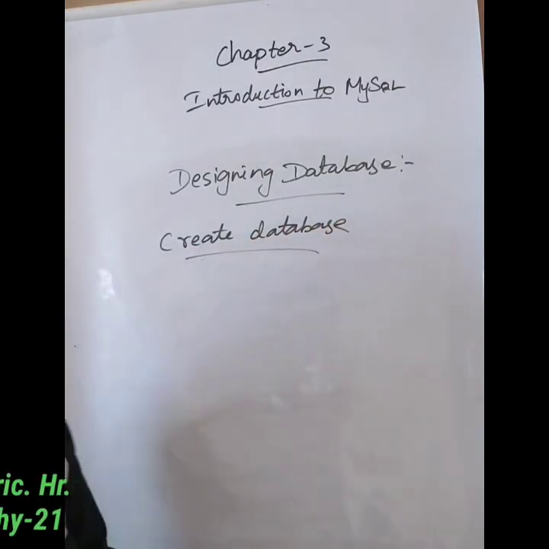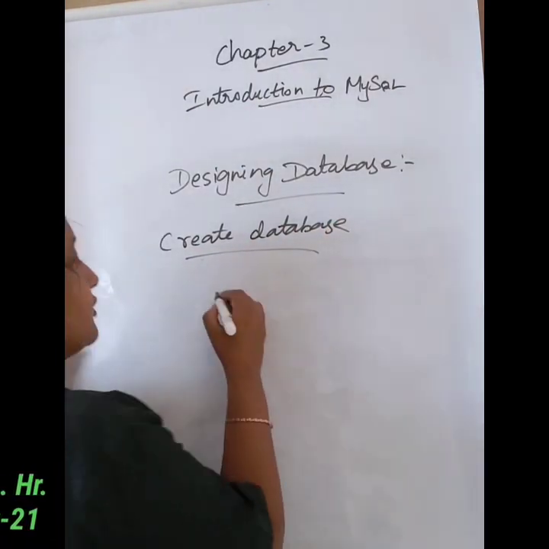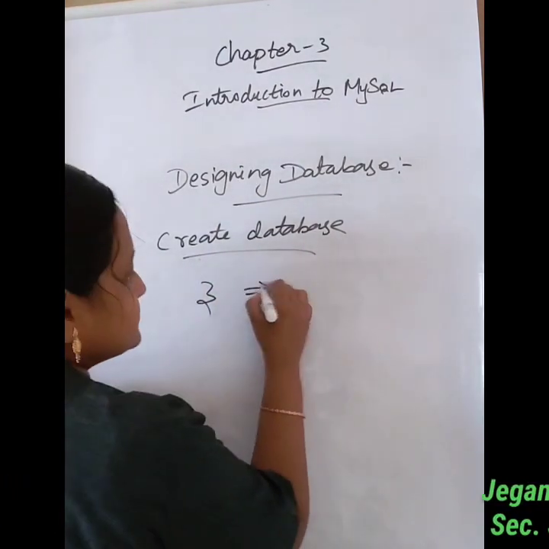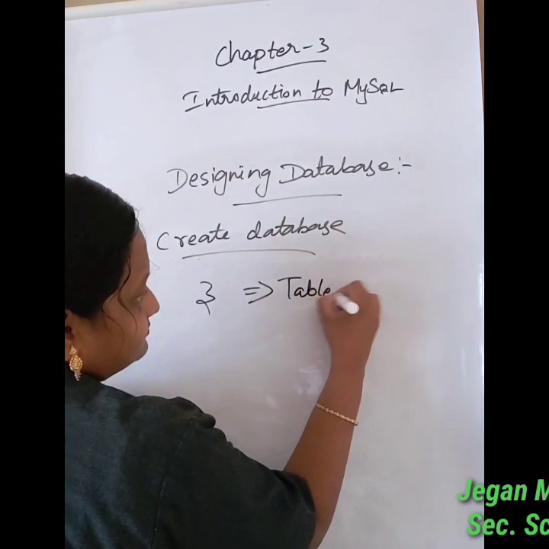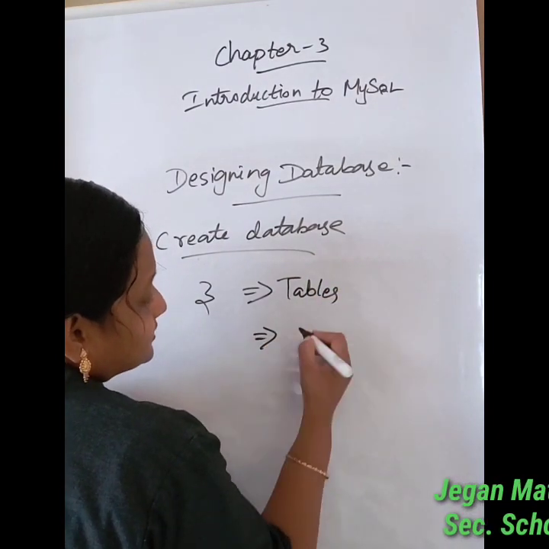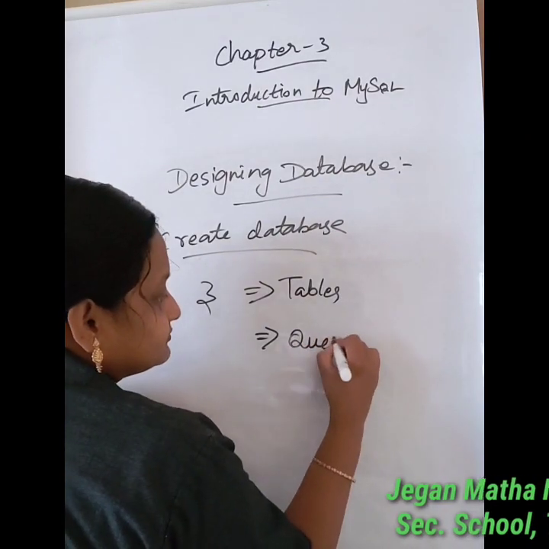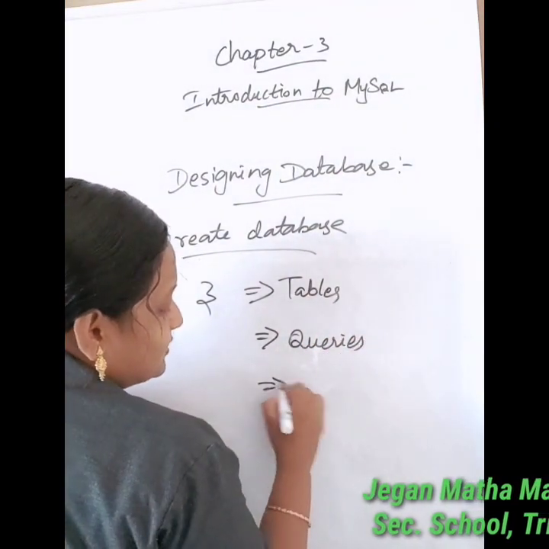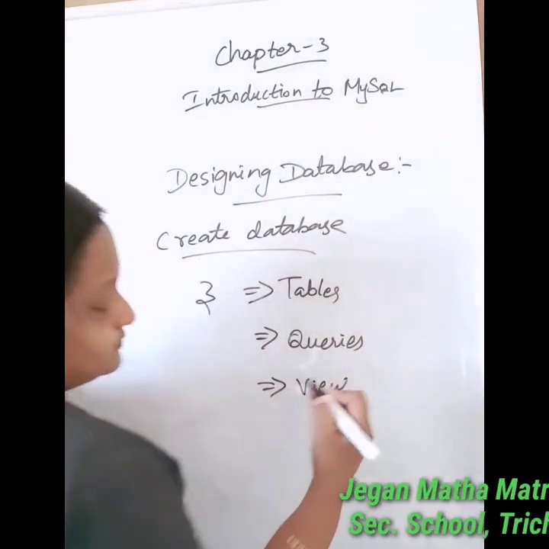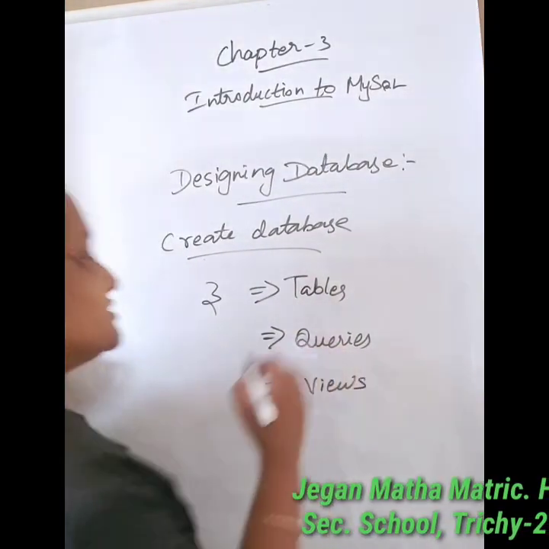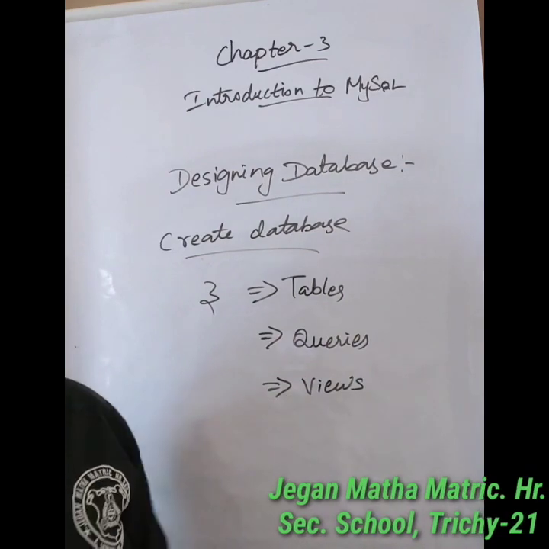To create a database, we need to follow three major parts, that is tables, second one is queries, and next one is views. So these three are important parts in creating a database.